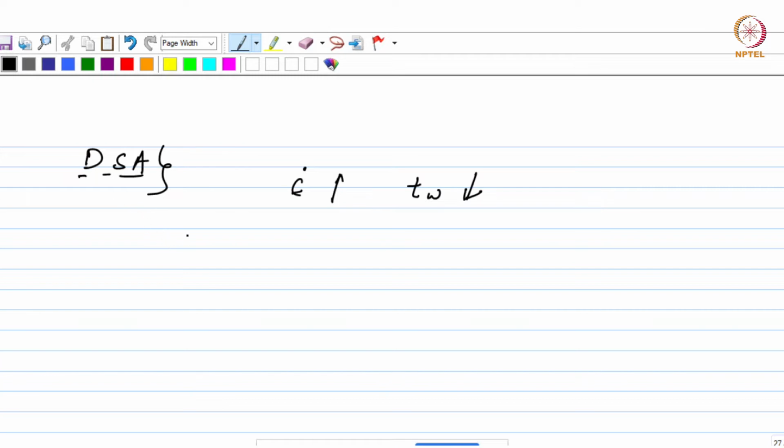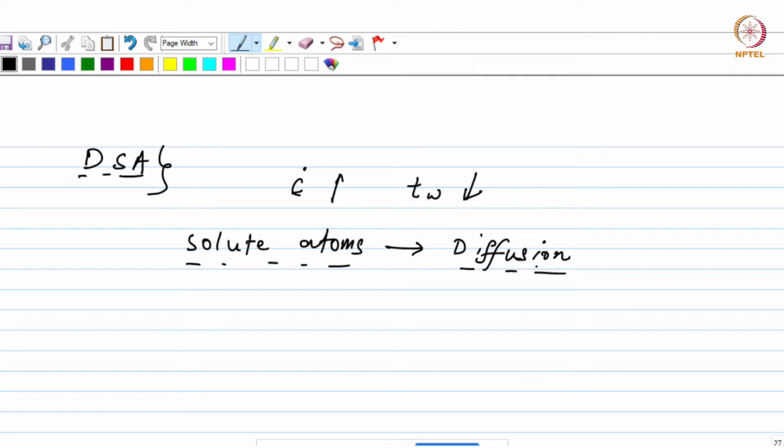DSA is the phenomenon that occurs due to the pinning of dislocations by the solute atoms. So in this case, apart from the dislocation movement, you will also have to consider the movement of the atoms, or the diffusion of these solute atoms. Diffusion is also a time dependent phenomenon. Apart from the temperature, the time also has an effect.